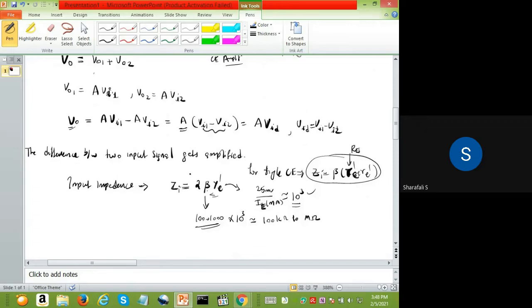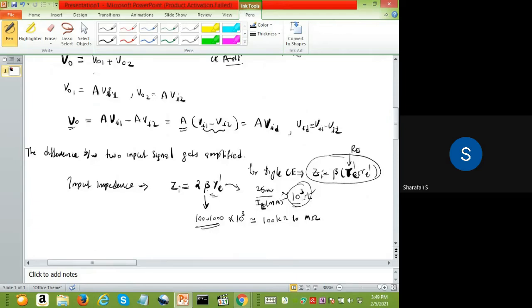Total input impedance corresponding to one single common emitter configuration will come like Z equal to beta times RE plus RE dash. So RE is not there, RE dash will come from the second transistor. So 2 RE dash times beta will be the input impedance. And beta can have a value from 100 to 1000 range. And this RE dash will have a value in the order of 10 raised to 3 ohm.